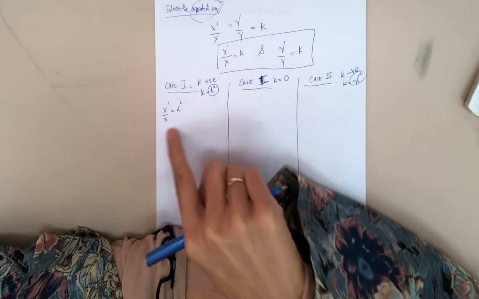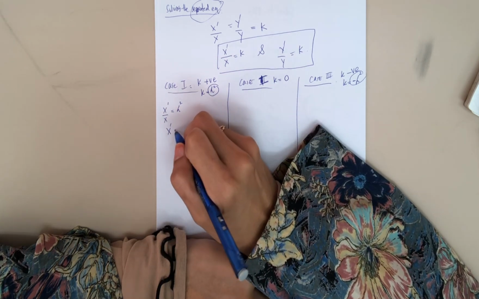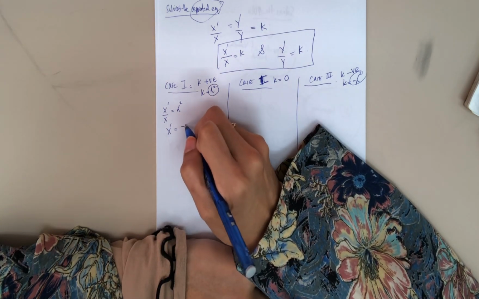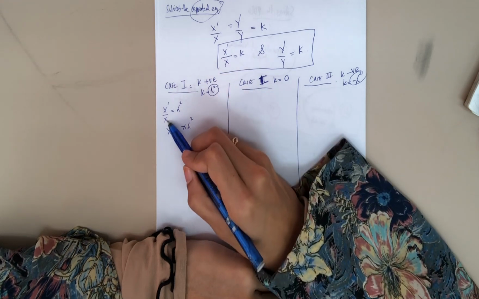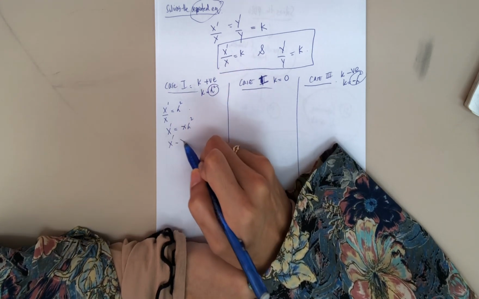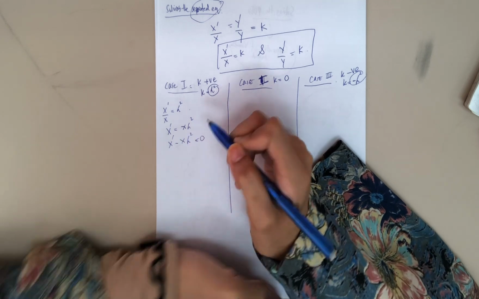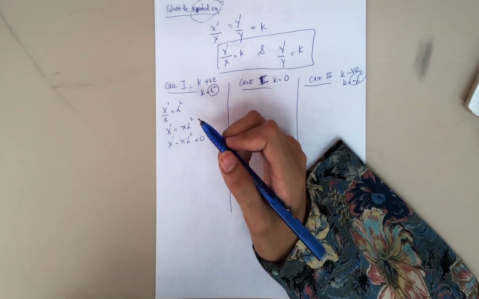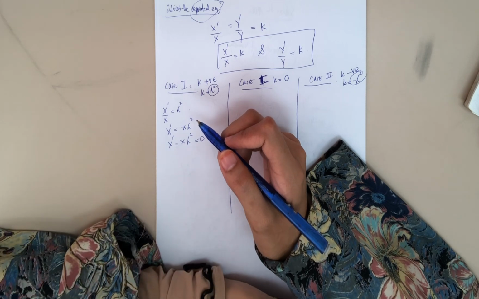So you rearrange this equation, so it will be x lambda square. Bring the x up here, and rearrange again, so it will be x prime minus x lambda square equal to 0.